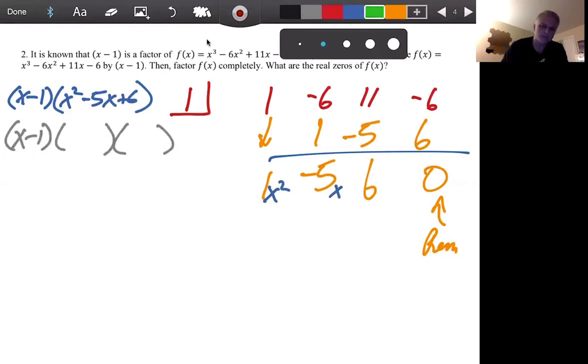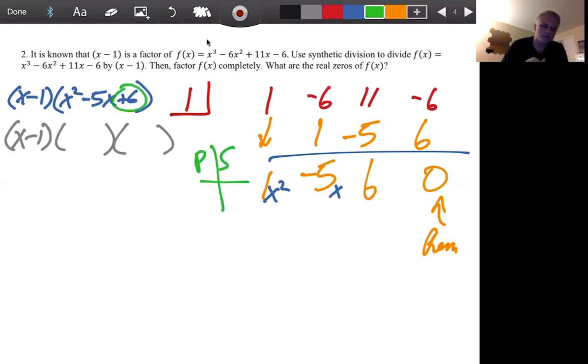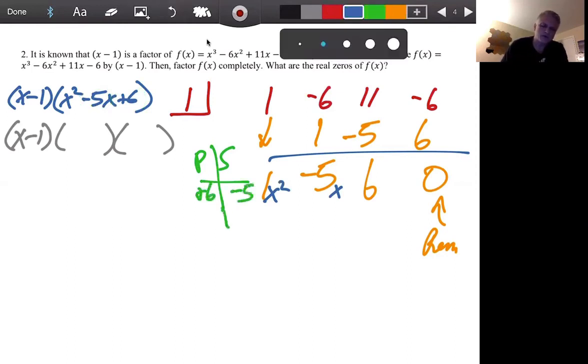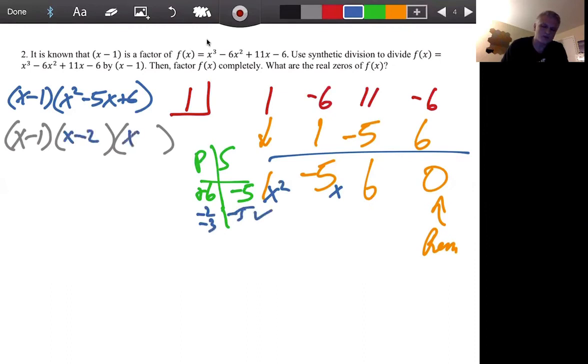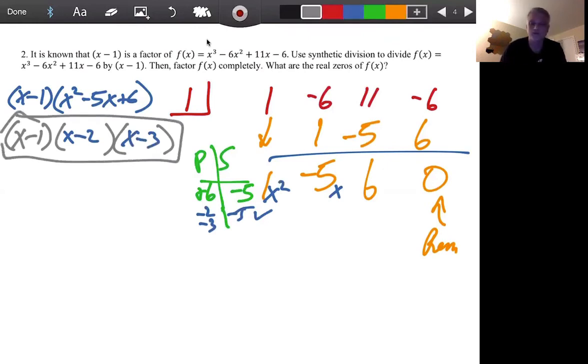Okay, product sum. Product is plus 6. Sum is minus 5. Two numbers that multiply to positive 6 but add to -5 would be a -2 and a -3. So x minus 2, x minus 3. This is fully factored. There are no repeating zeros. They all have a multiplicity of 1.